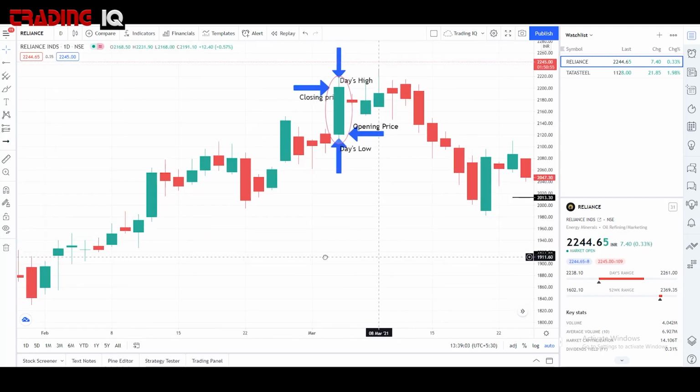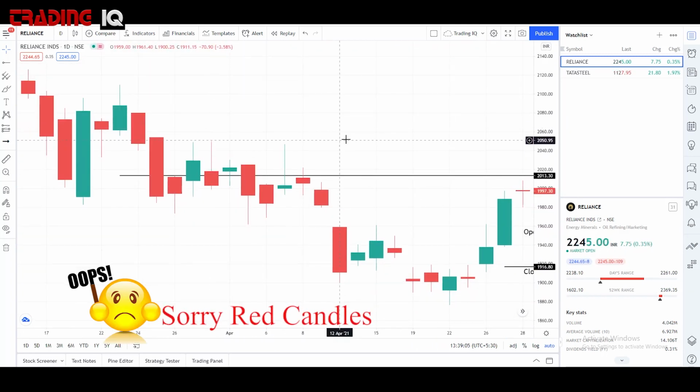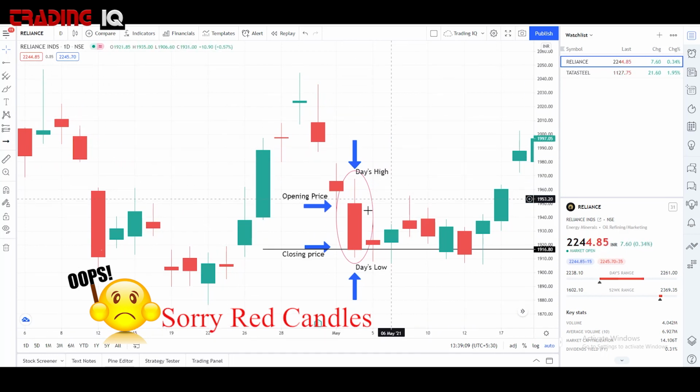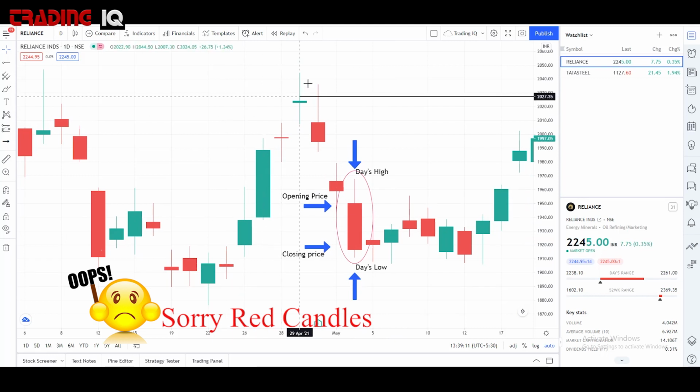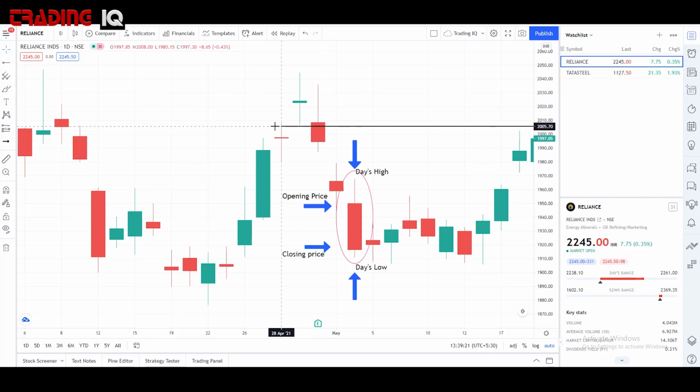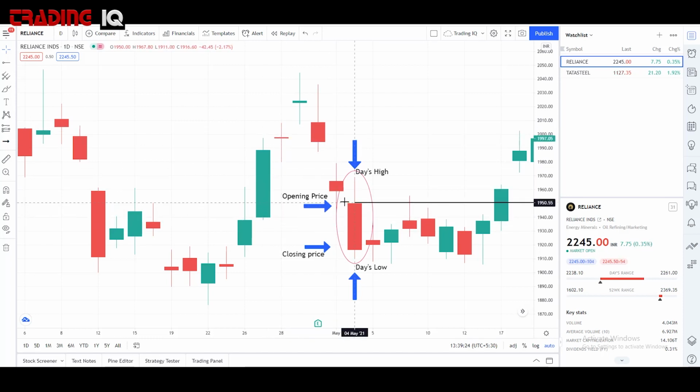Now let's look at a red candle. So this is a red candle. Now the concept is the same, but the formation is a little different and a little opposite, I would say, from the green candle. So for a red candle, the opening price is this.